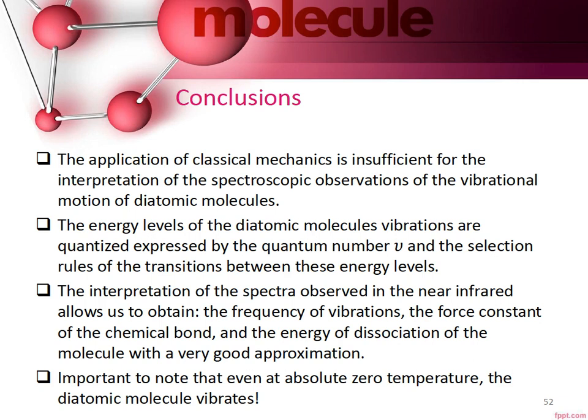But in the case of vibration, we could have harmonics, which means that we have possible vibration from the level V equals 0 to V equals 2, from V equals 0 to V equals 3, and these transitions are going to be harmonics compared to the fundamental one, which is from V equals 0 to V equals 1. So in this case, we talk about V equals 0 as the original initial state.